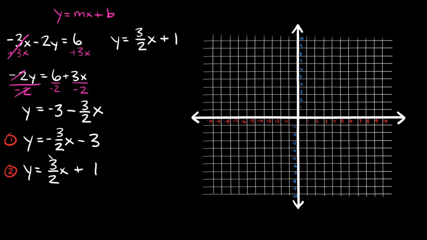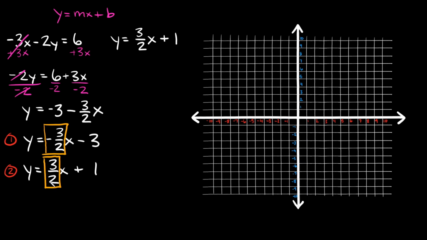Again, the 2 things that you have to look for in order for these to be parallel is that they have to have the exact same slope. In this first equation, the slope is negative 3/2, and in this second equation, it's positive 3/2. So they're both 3/2, but the one on top is negative and the one on the bottom is positive.